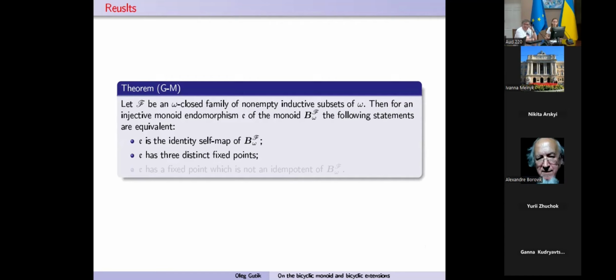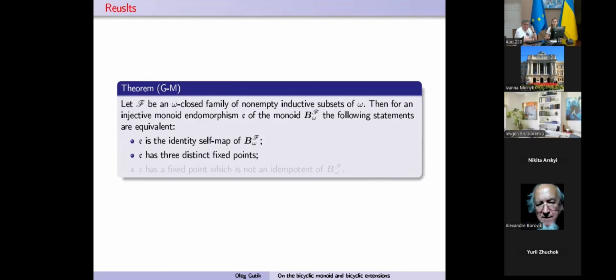If we consider the bicyclic semigroup, it is well known that every nontrivial endomorphism of the bicyclic semigroup is an automorphism, and an endomorphism of the bicyclic semigroup is the identity map if and only if it has two distinct fixed points.